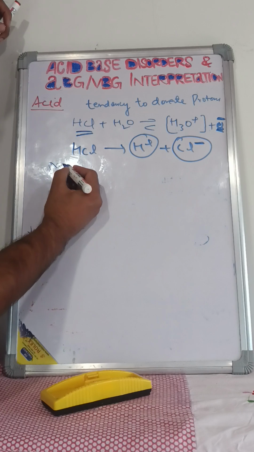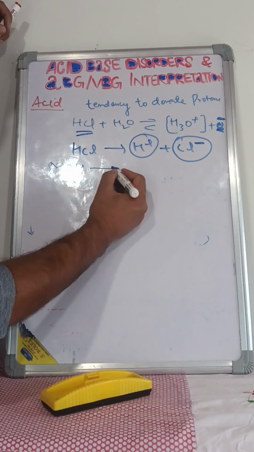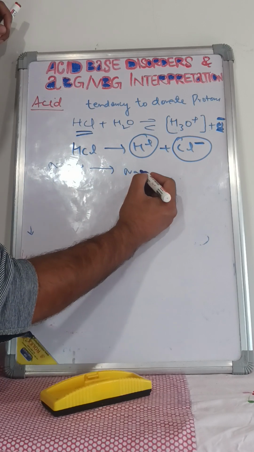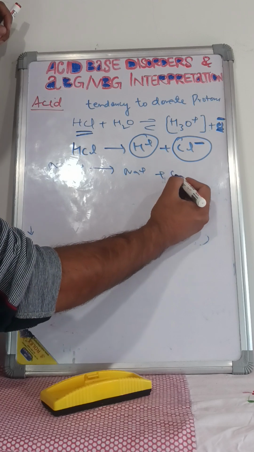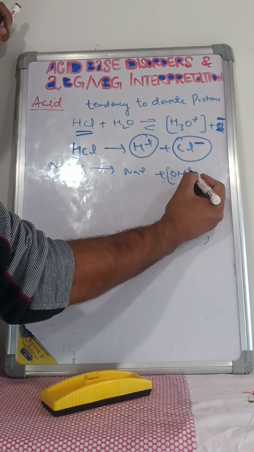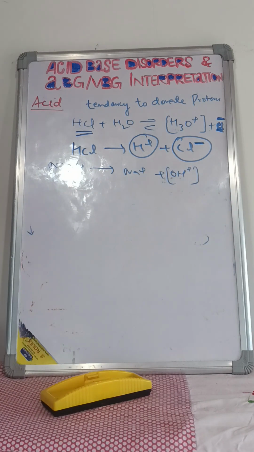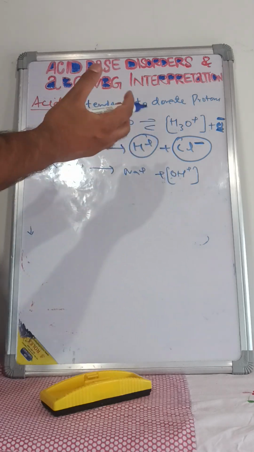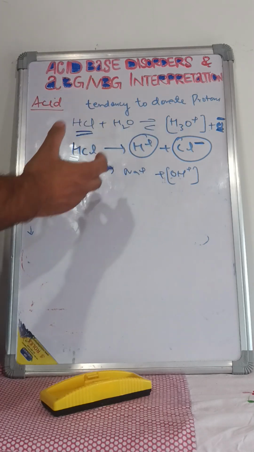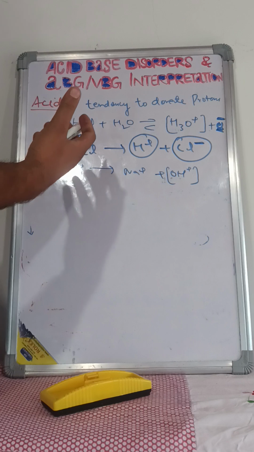Now, similarly, I will show you another example. If there is NaOH, this is the base, sodium hydroxide. It dissociates and gives Na positive plus OH negative. Another definition of base: a base is a species which will accept the protons which have been donated by the acid.